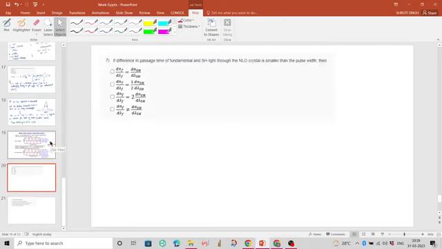The next question is: if the difference in the passage of time of the fundamental and the second harmonic light through the nonlinear optical crystal is smaller than the pulse width, then what happens? Now let's do the derivation then.